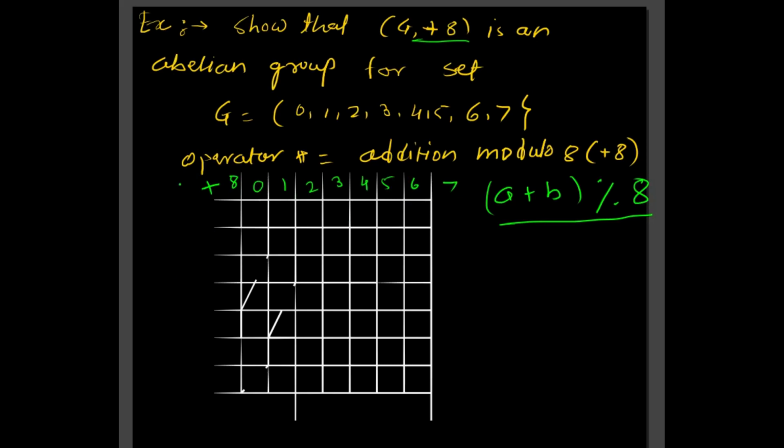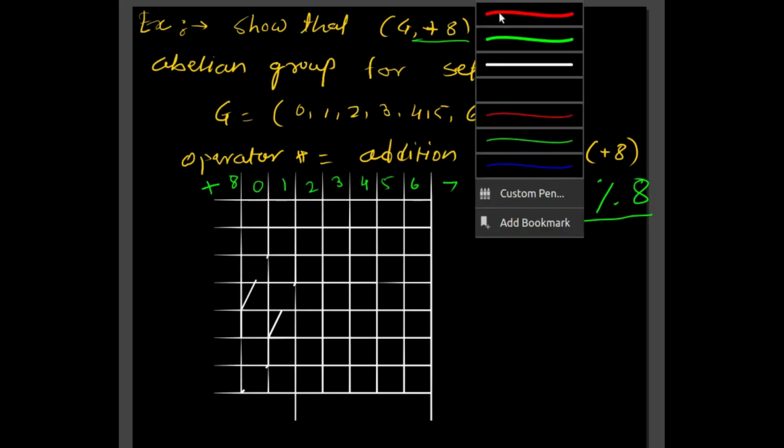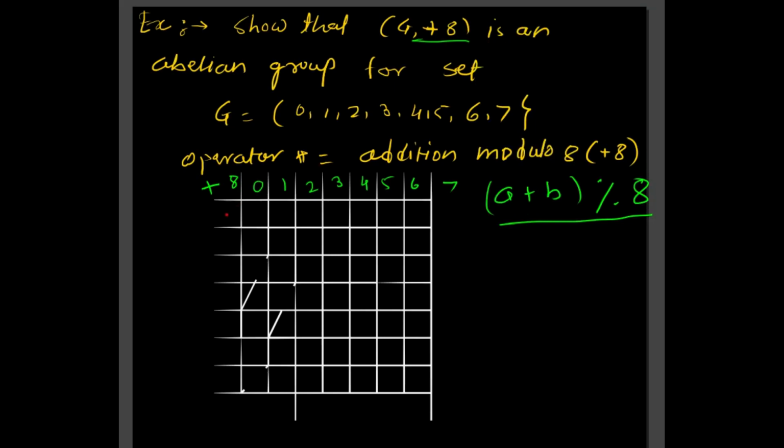One grid is not there, so we will consider only this. And the same elements we will write in the row order also: 0, 1, 2, 3, 4, 5, 6, 7.